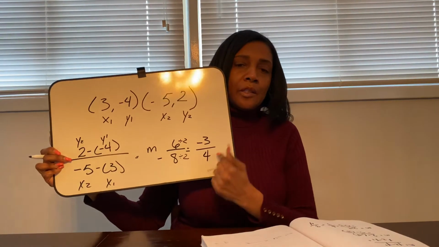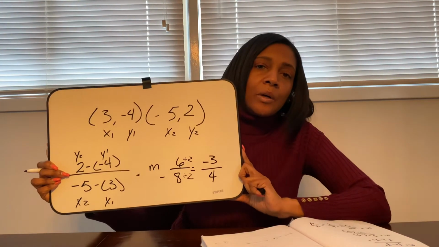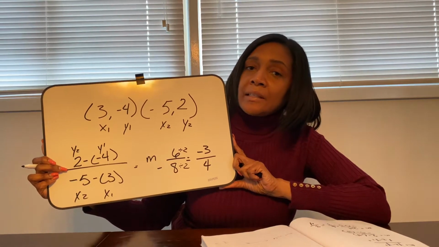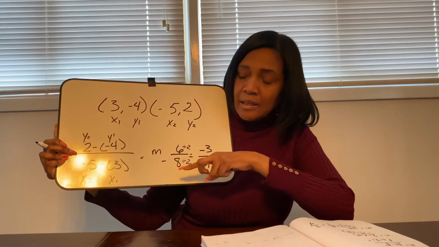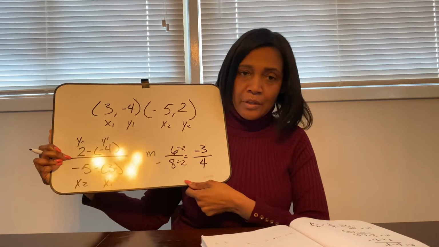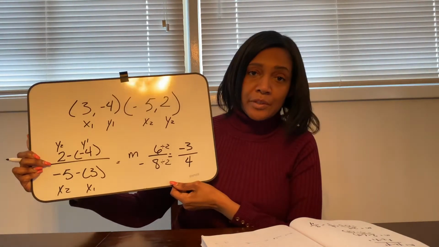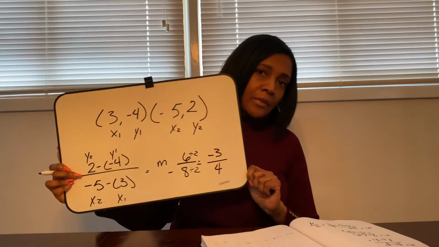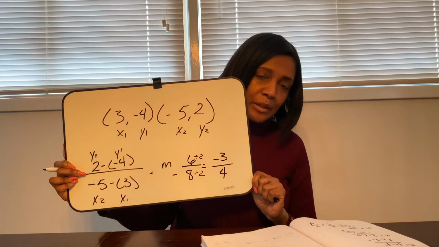So in this part of the problem, all I did was simplify. I found a number that could be divided evenly into both the 6 and the 8, and we came out with -3/4 as our answer. Okay, I hope that was a little bit clear.